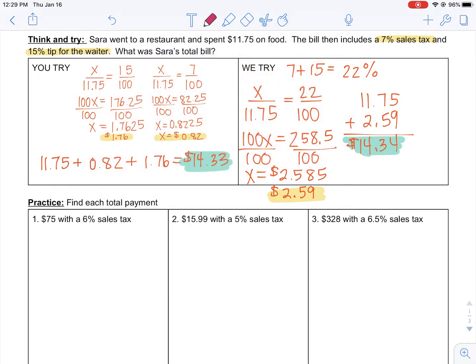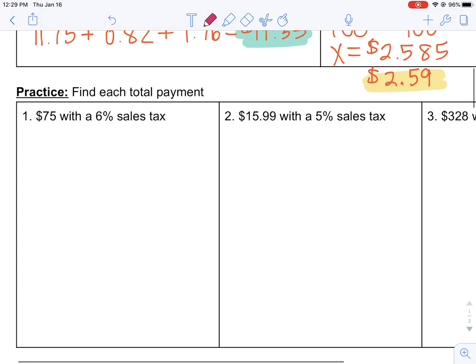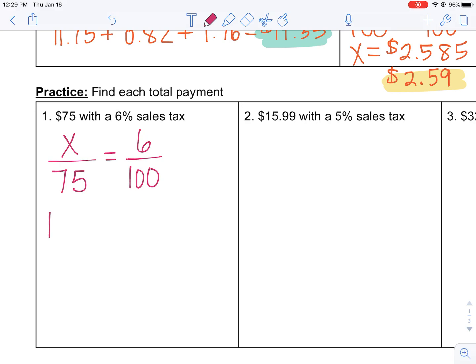So in this practice, I'm going to go through these. You have $75 with a 6% sales tax. So obviously just sales tax in this. So I want to find the sales tax, which is my part, over my total equals my percent over 100. Cross multiply 100x, cross multiply 75 times 6 and get 450.